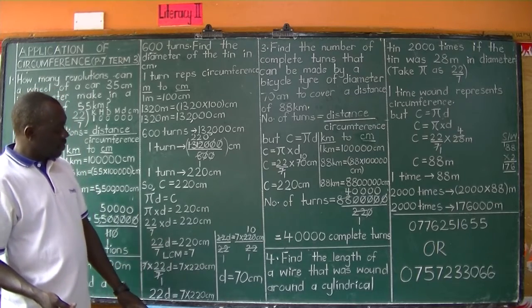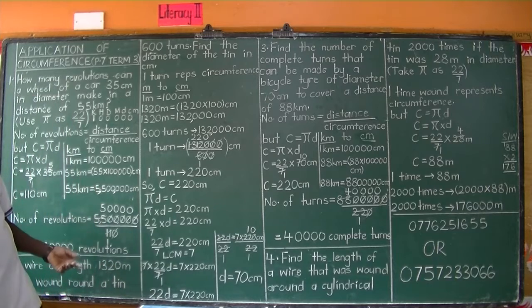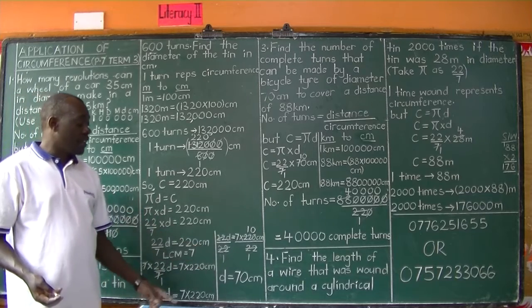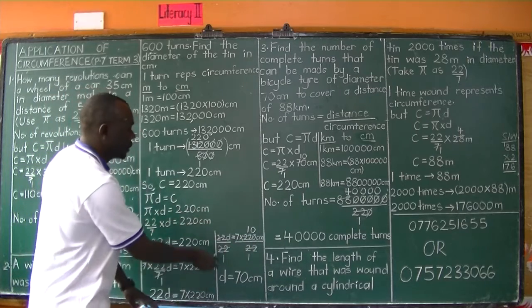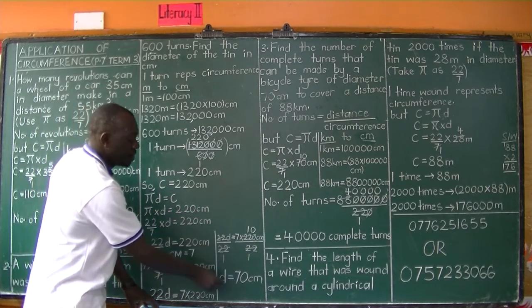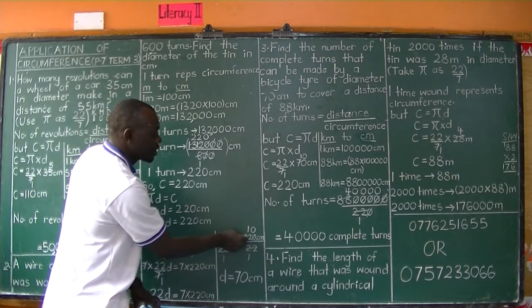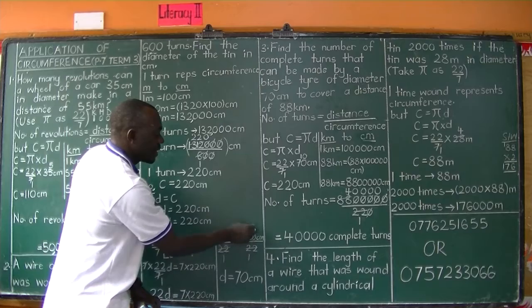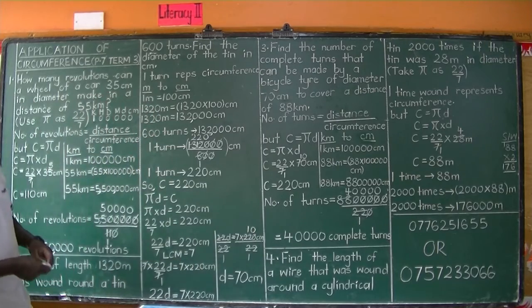You are advised not to cancel this because we are still in the process of dividing. So 22d divided by 22 equals 7 times 220 centimeters divided by 22. 22 by 22 once gives d, which is the diameter. 22 divided by 22 is once, and that leaves 0. So I've got 7 times 10, where the diameter is 70 centimeters.